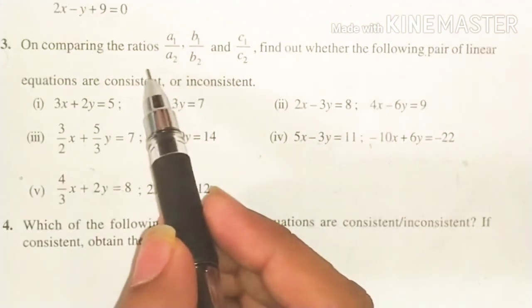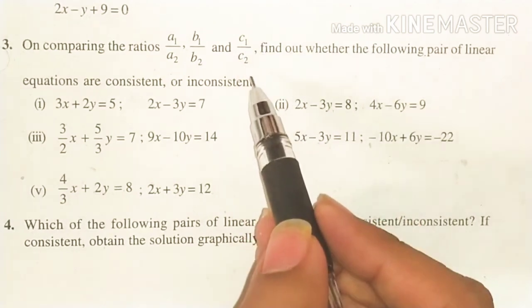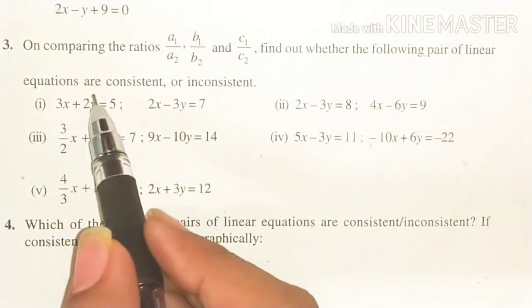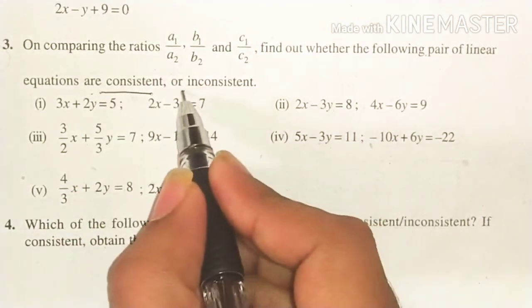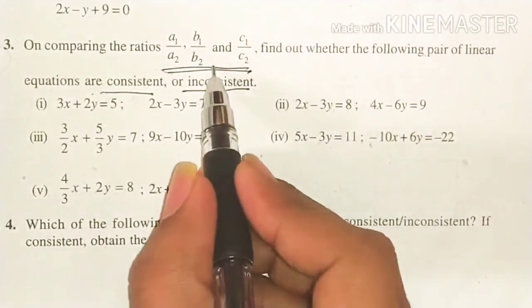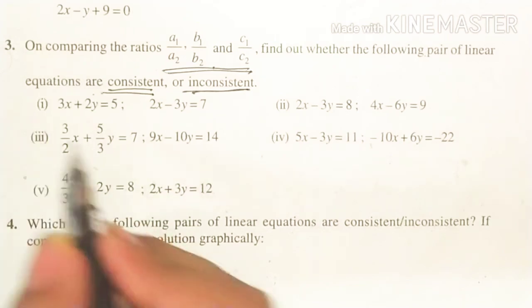On comparing the ratios a1 by a2, b1 by b2 and c1 by c2, find out whether the following pair of linear equations are consistent or inconsistent. So you have to compare the ratios and check whether it is consistent or inconsistent. The first question we are going to see now.